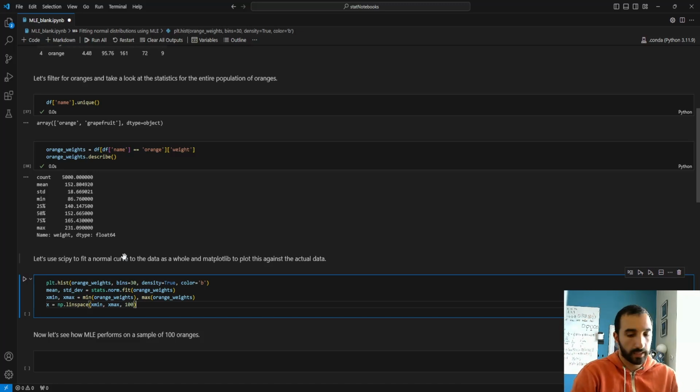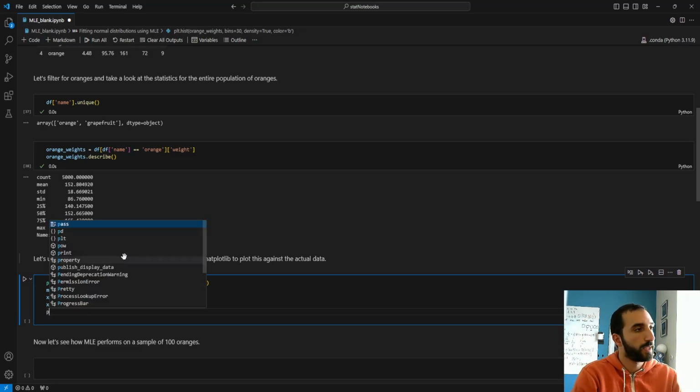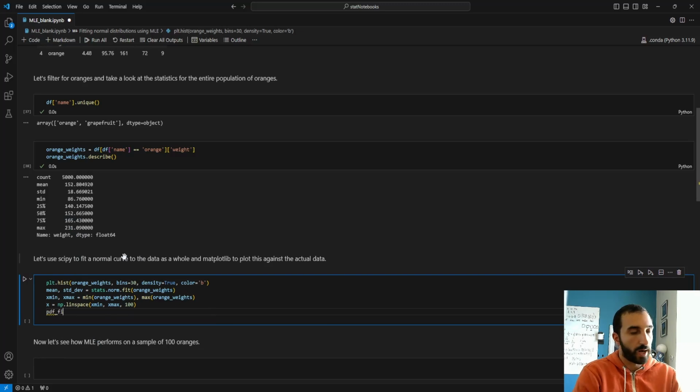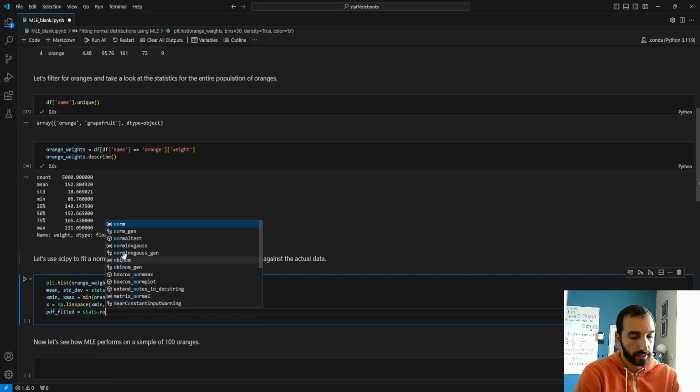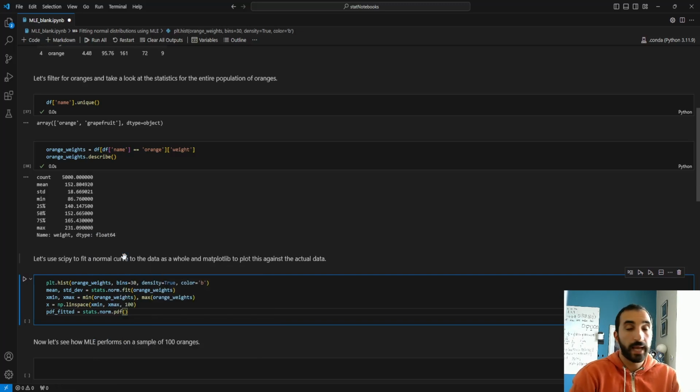So, all right. Now we can get our y values. So I'm going to call this PDF fitted. It's going to come out as stats.norm.pdf. And what this function does is you give it a bunch of x values, x, and then you give it a normal curve.